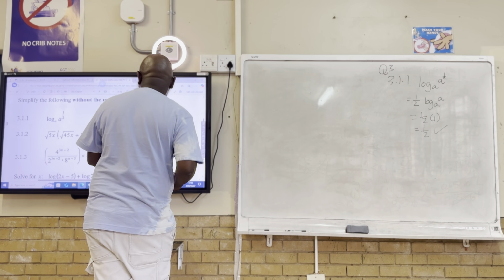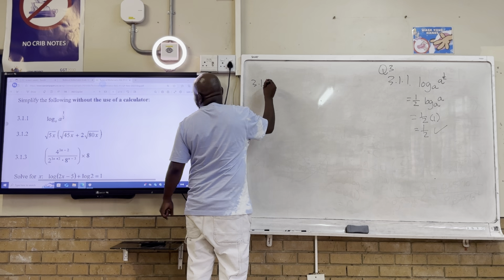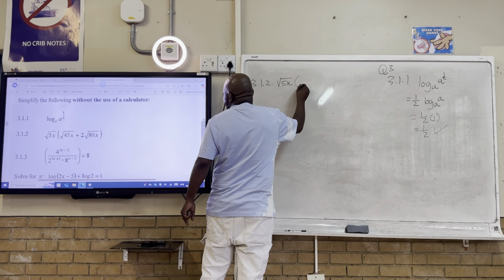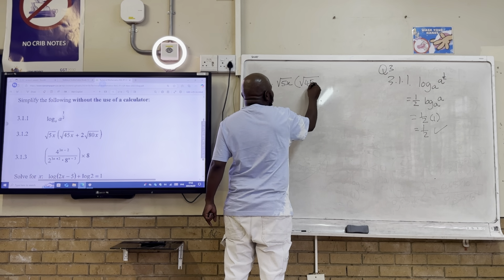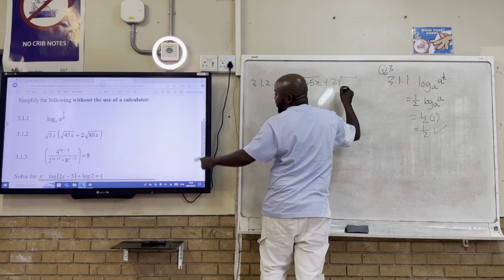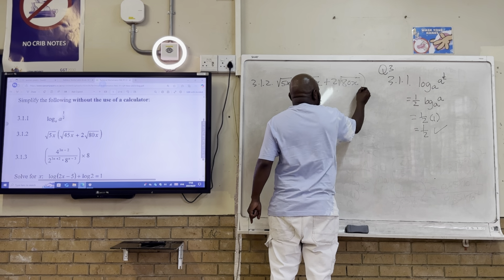So we have 3.1.2. What are we given? The root of 5x into the root of 45x plus 2 root of 80x. Close brackets.